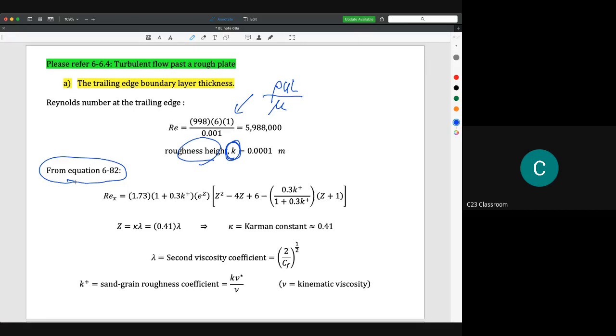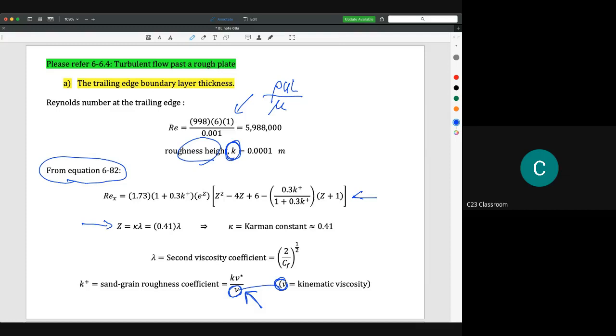So it is based on these three equations. So this equation, and also this equation, and also this equation. But here this is the kinematic viscosity.